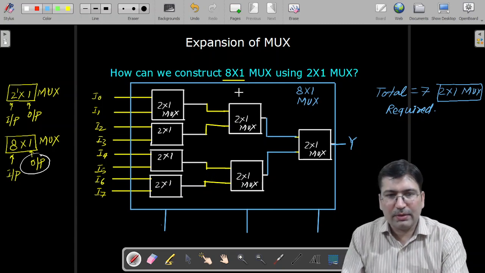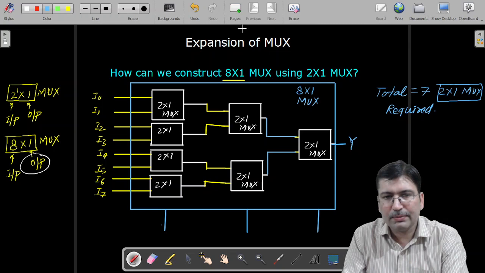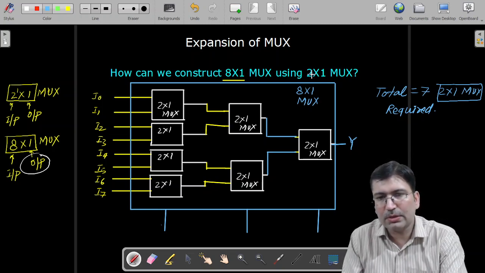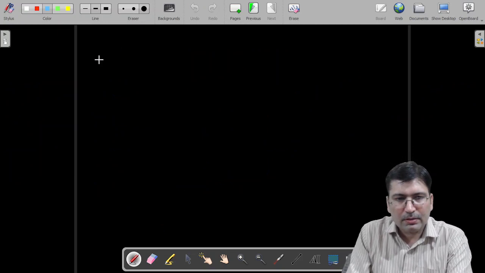So let's say if you have another problem in which you need to construct 16x1 MUX using 2x1. So let's discuss how many.